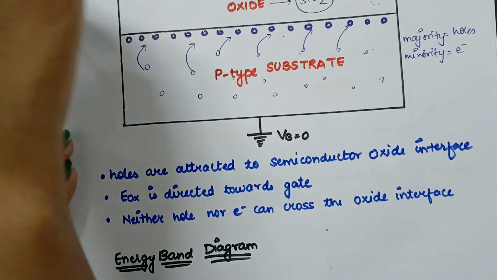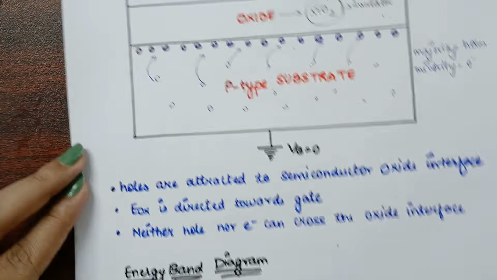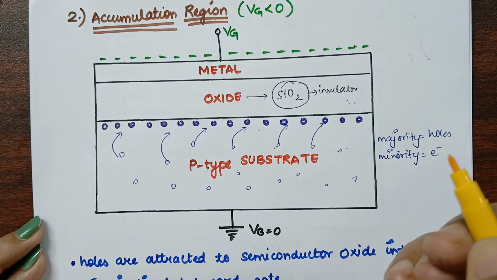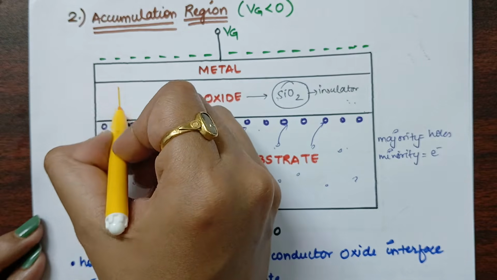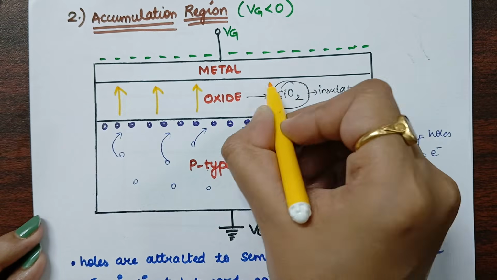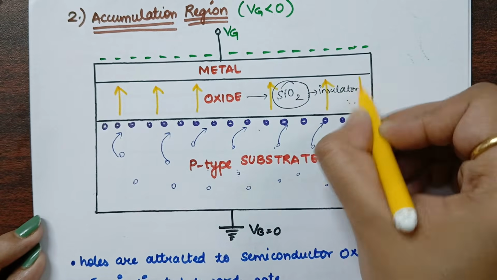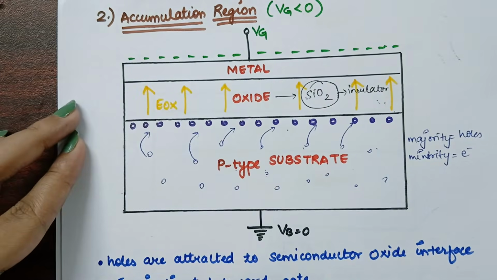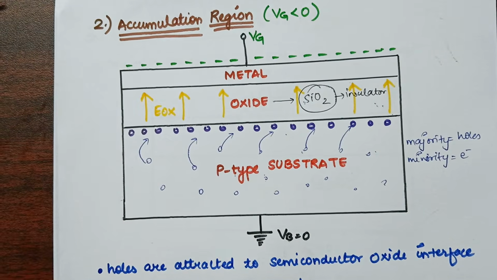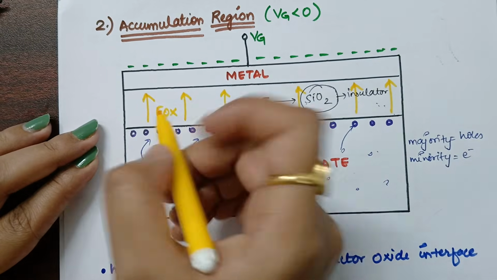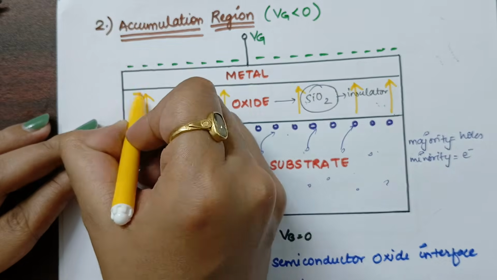You will observe that the electric field will be from the substrate to the metal region. So this electric field is called EOX. This electric field is directed towards the gate terminal. Why? Because this electric field is always from positive to negative.